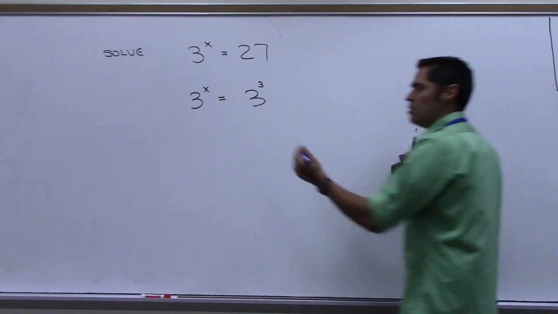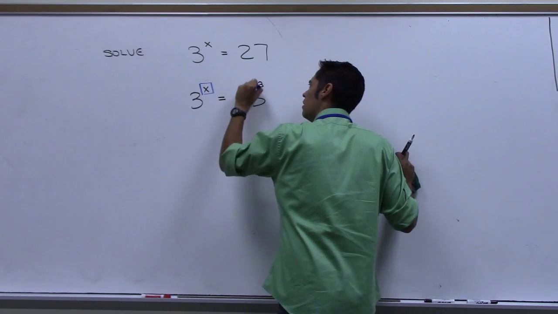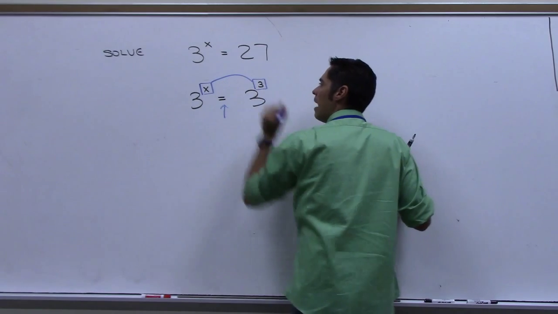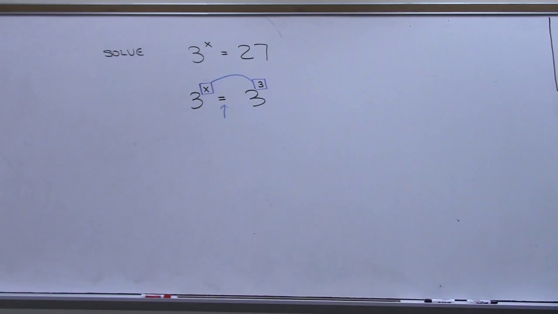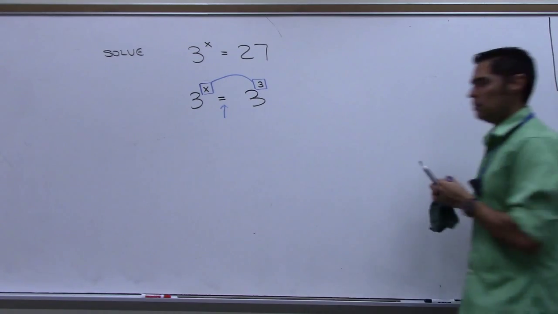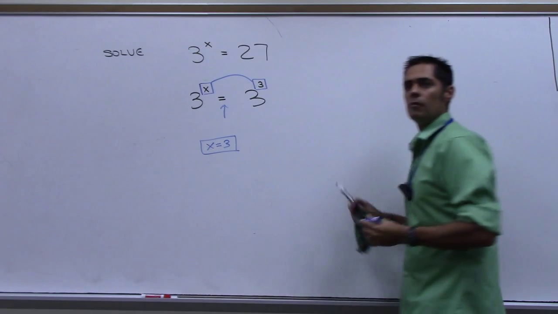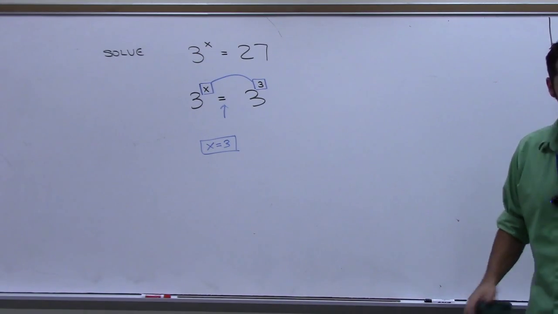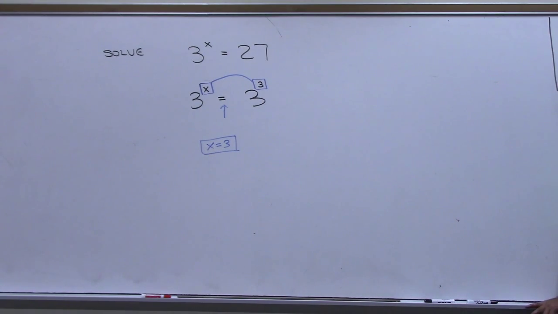What we need to do is just realize that in order for those to be equal, this power has to equal that power, which means x would have to be 3. And that's what you said the answer was. That's it.